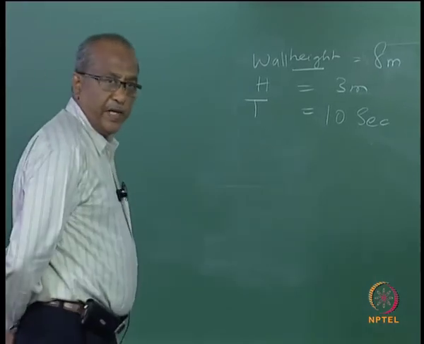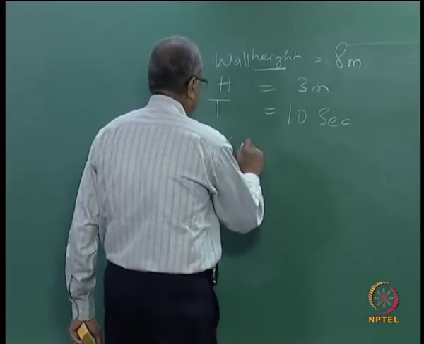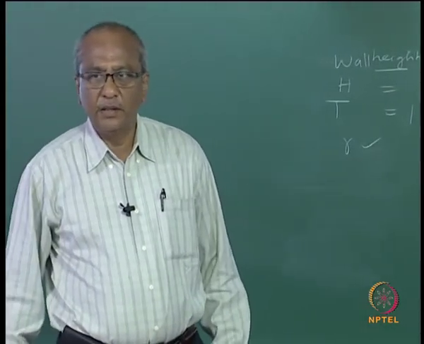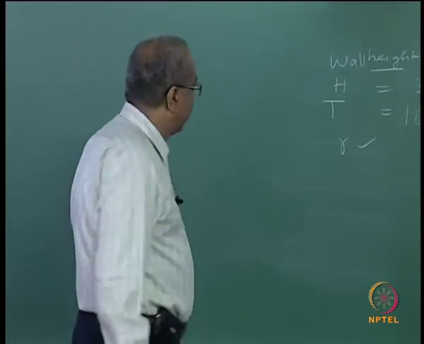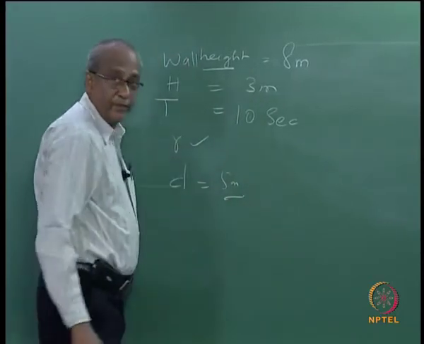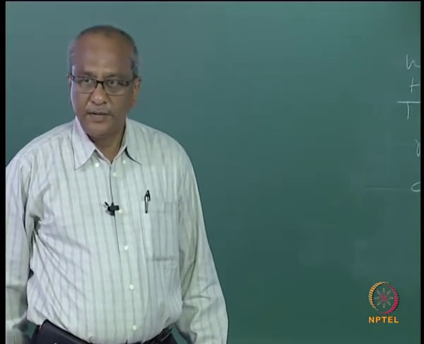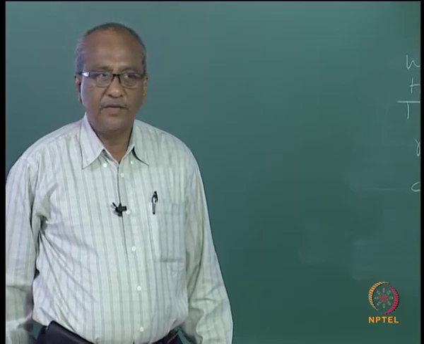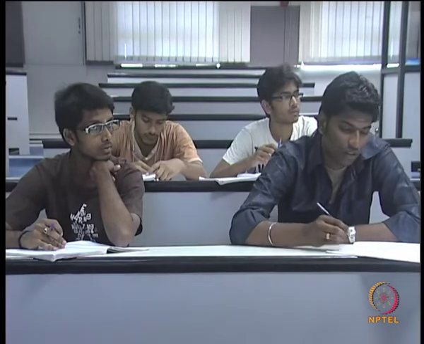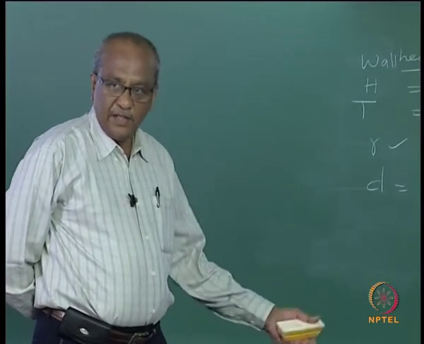You need the unit weight of sea water, yes, okay, consider unit weight of sea water. And then what other things do you need? Water depth is 5 meters. With 5 meters water depth, you want a wave height of 3 meters; is it possible? What is 0.78 times water depth? 3.9. This is the reason why I am asking you to give the data.